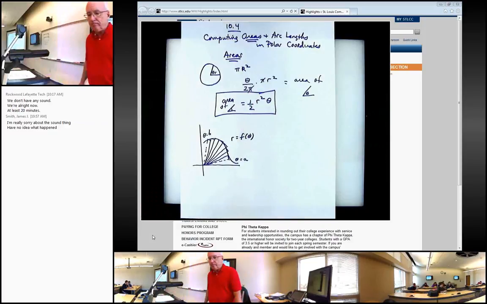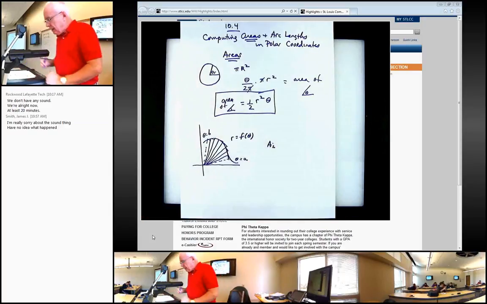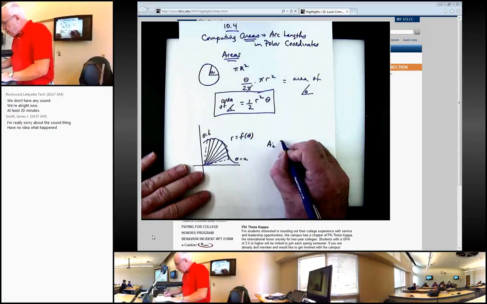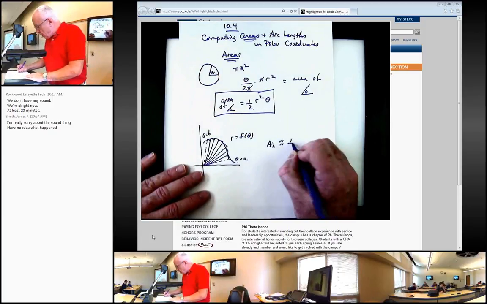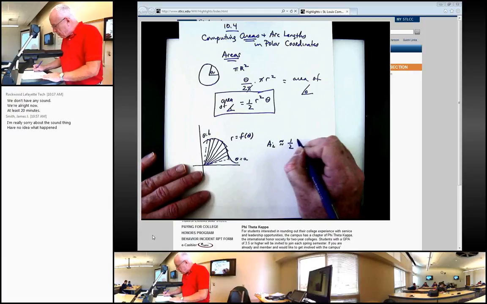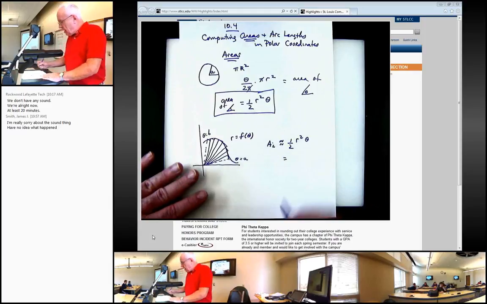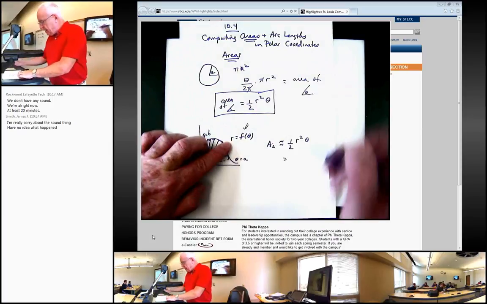All right. Let's call A sub i the area of one of these little pieces here. Now, the area is going to be 1/2 r squared times the angle theta. Well, our r is really f of theta.